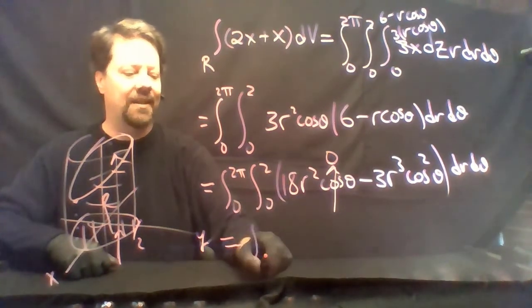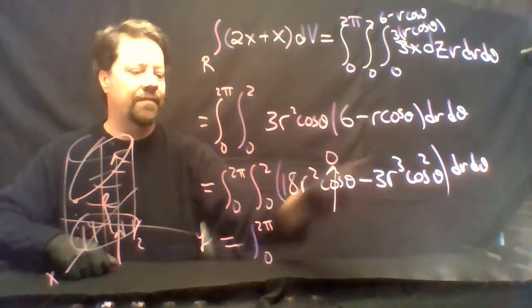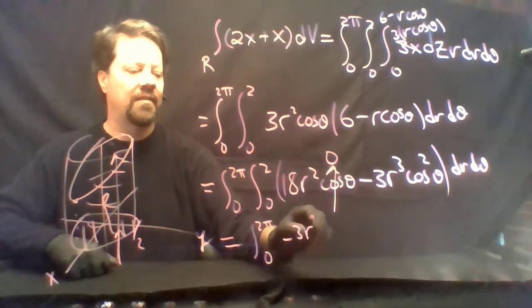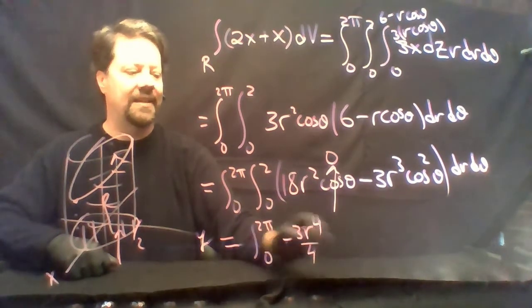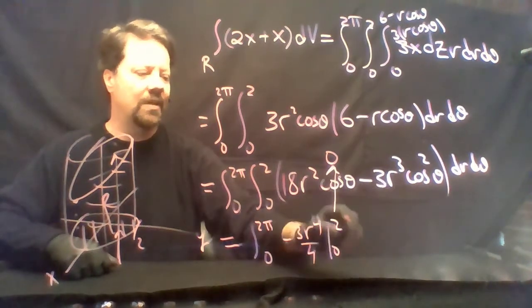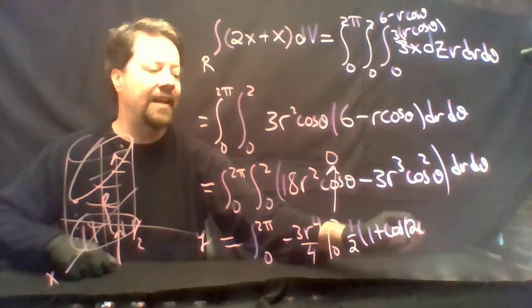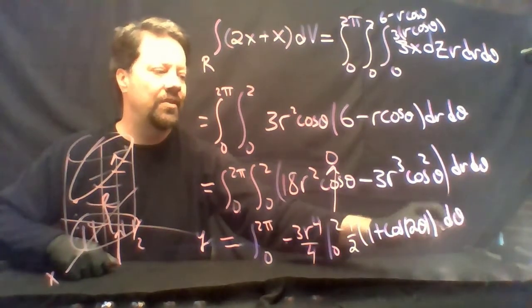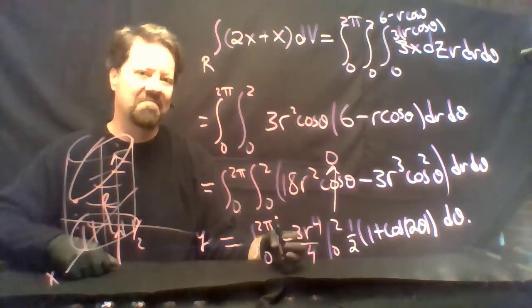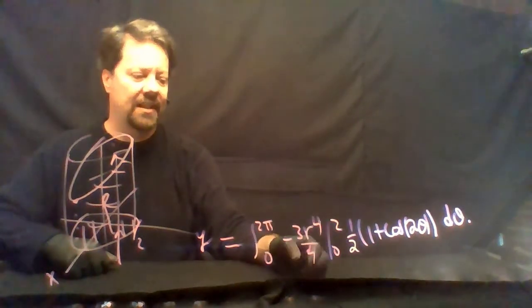First, with respect to r, we'll have minus 3r to the 4th over 4, evaluated from 0 to 2, still times this cosine squared, which is 1/2 times 1 plus the cosine of 2 theta, using a half angle identity. 2 to the 4th is 16 divided by 4.